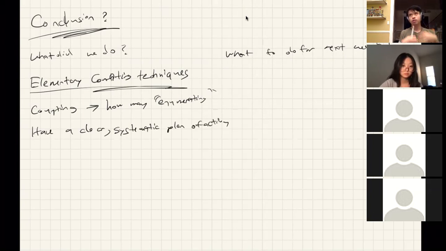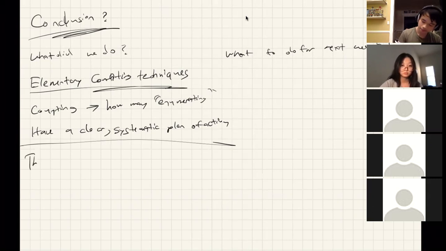You have to decide, what techniques does this problem seem to resemble? Where have I seen similar setups before? You should be asking yourself all of these questions to come up with a good strategy for this problem. So once you have a clear, systematic plan of action, that's when you can start to break the problem apart and make a scary problem seem not as scary anymore.